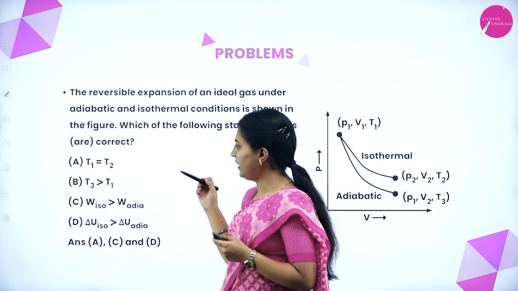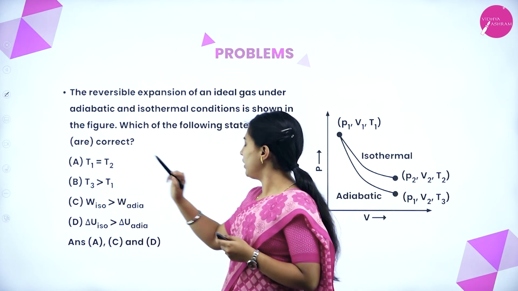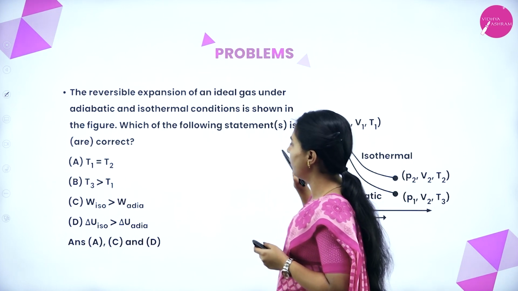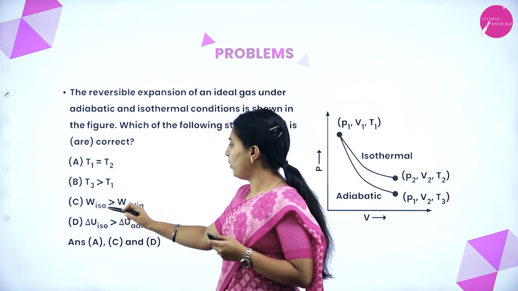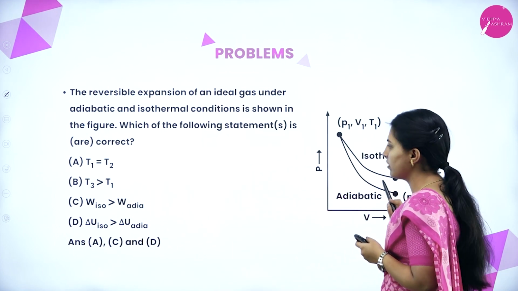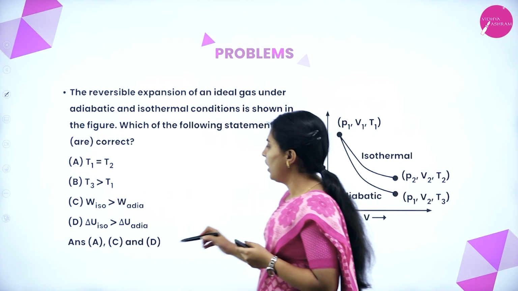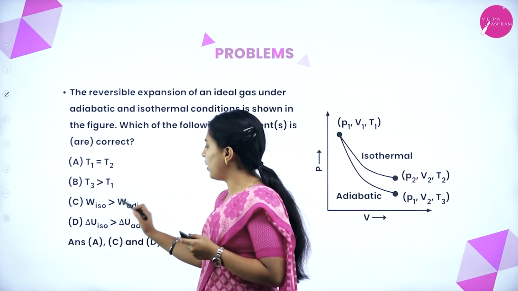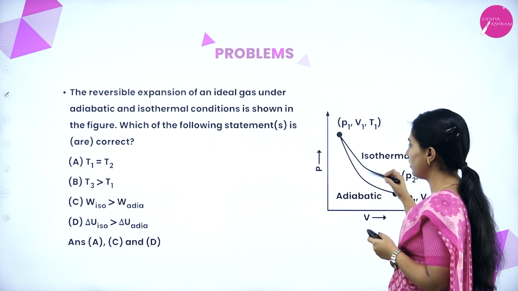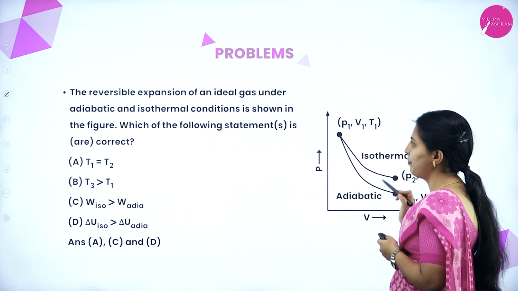A, C and D are correct. T1 equal to T2, correct. And W isothermal is greater than W adiabatic, this is also correct. And D, delta internal energy of isothermal is greater than adiabatic, that is the adiabatic process. This is also shown in this picture.